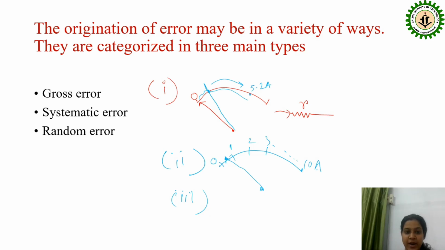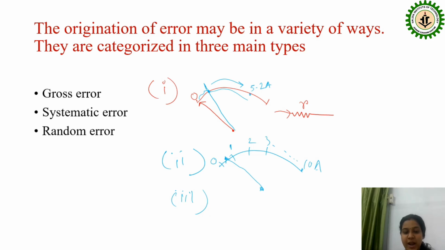We don't know why there is some difference between the true value and the measured value, but whenever we perform any kind of measurement we see some difference between them, and since we don't know the reason, we call it random error.